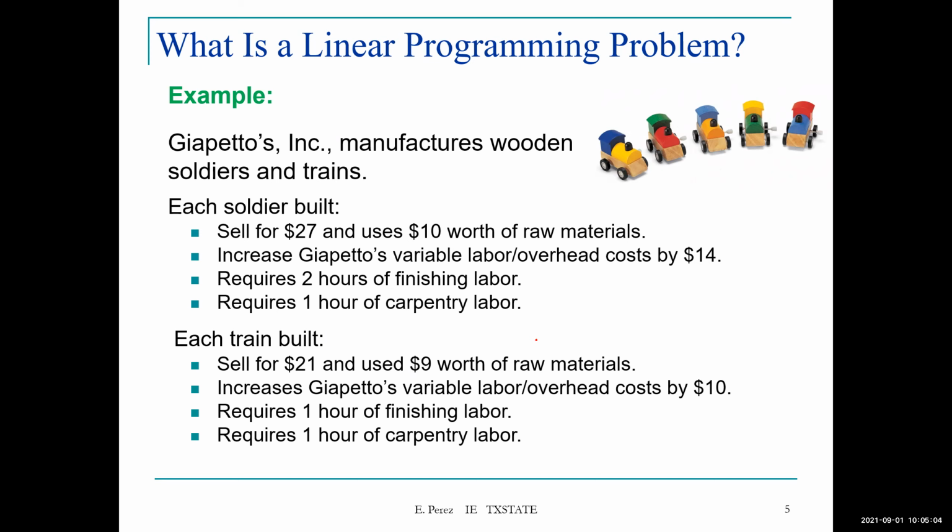So for 1 unit, we require 1 hour of finishing labor, and for 1 unit, we require 1 hour of carpentry labor. So it would be 2 hours total if you combine both operations. So it will be $20 labor.